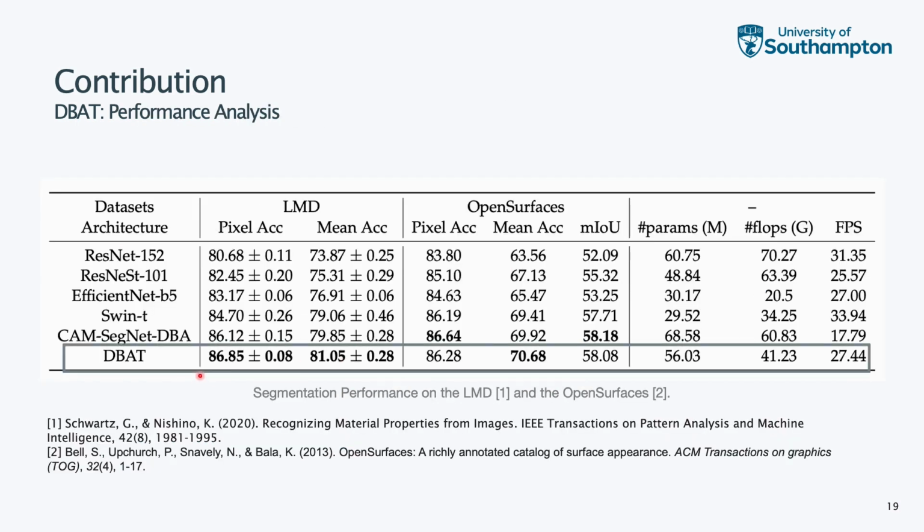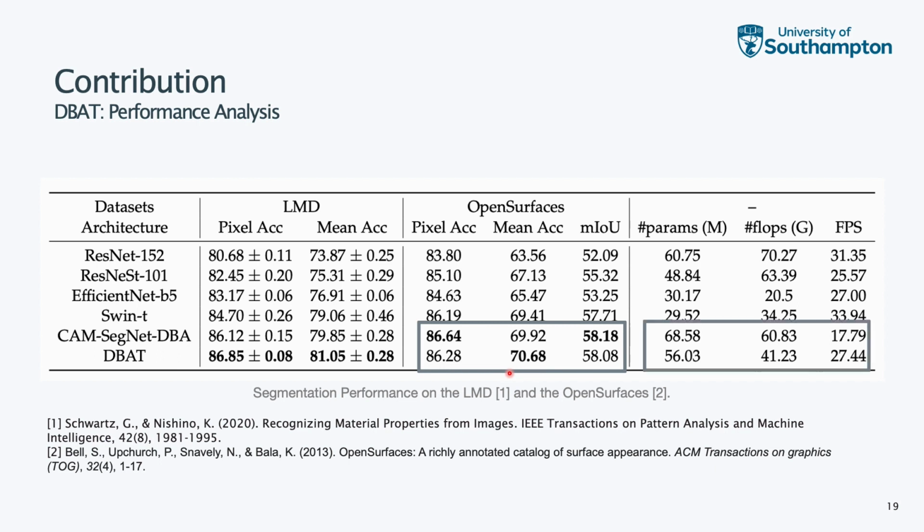Now, our dynamic backward attention transformer achieves the highest accuracy on the local material database. Its performance is close to the multi-branch CAM-SegNet DBA on the Open Surfaces dataset, with 9.65 more frames per second and around 20 G fewer FLOPs.